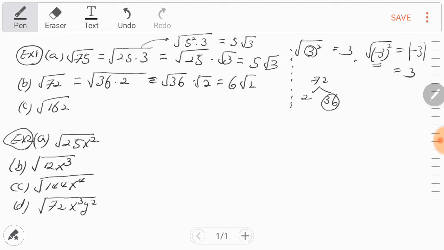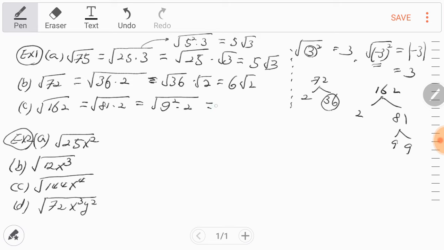How about the next one? 162. 162 is 81 times 2. If you're not sure, we can make a tree to find factors. You can start with 2, then 81, and 81 is 9 times 9, so that is 9 squared. So 162 is 81 times 2, and 81 is 9 squared.